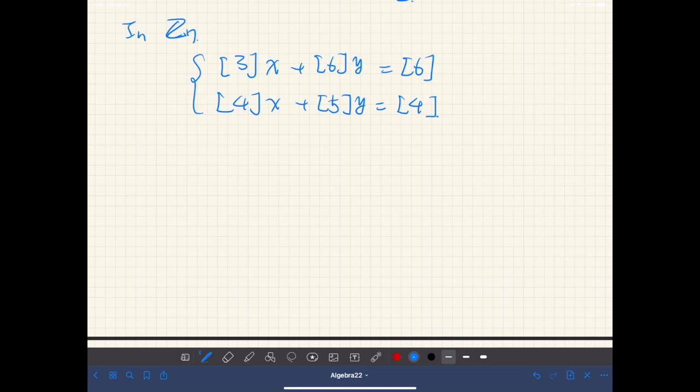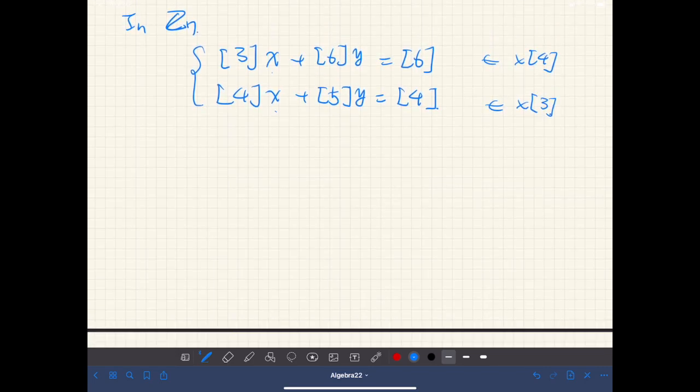So let's try to solve this. Let's first multiply the first one by 4 and the second one by 3, so that we can eliminate x somehow.